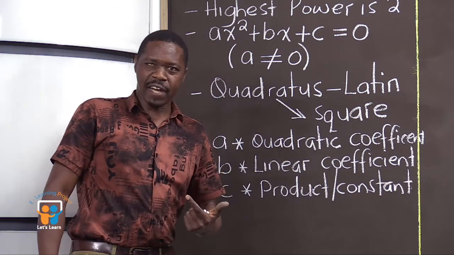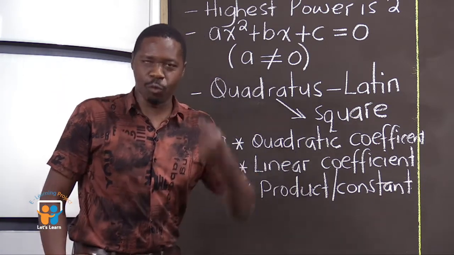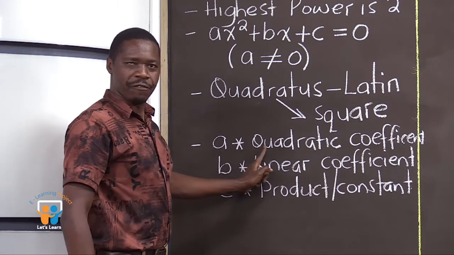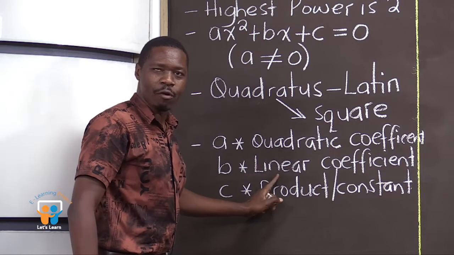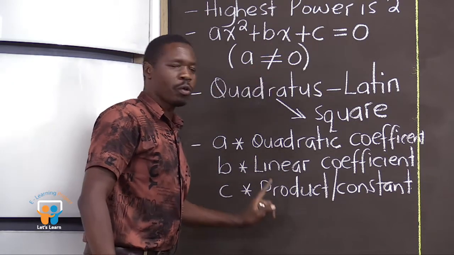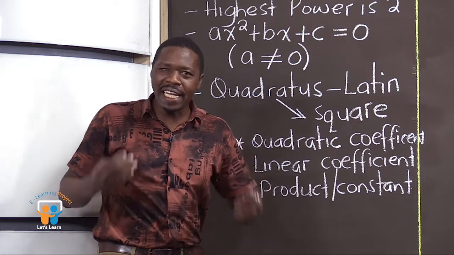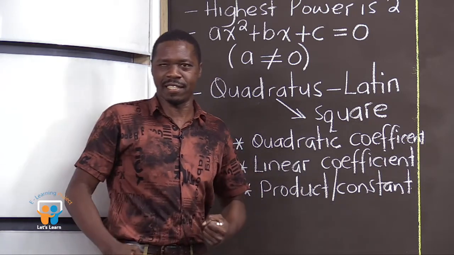So we are still defining a quadratic equation. A is the quadratic coefficient. B is the linear coefficient. C is what we call the product, or the constant. Have we clearly understood what a quadratic equation is?